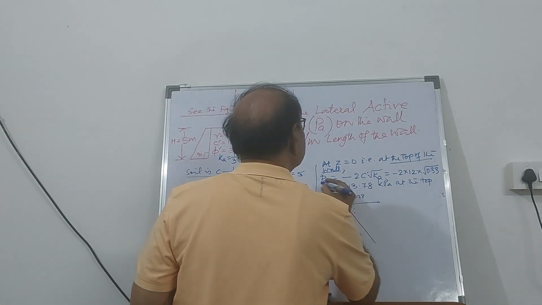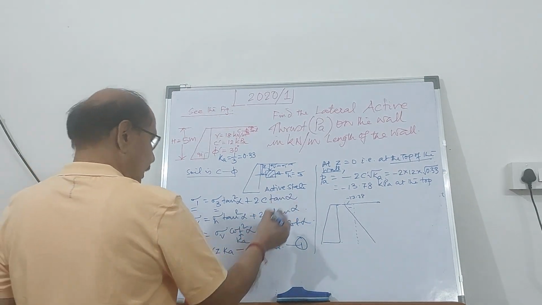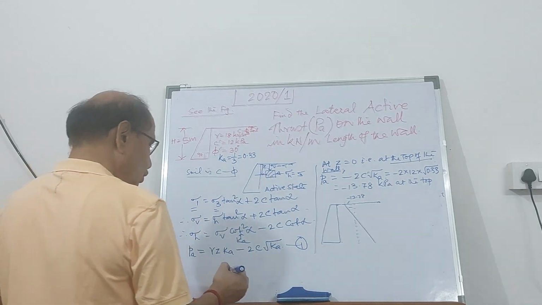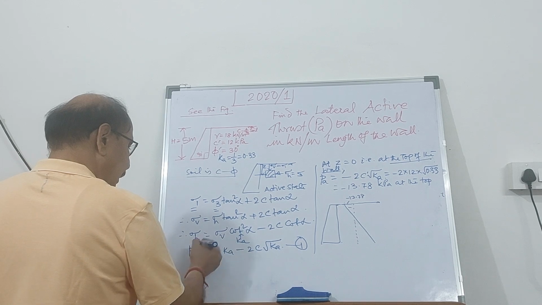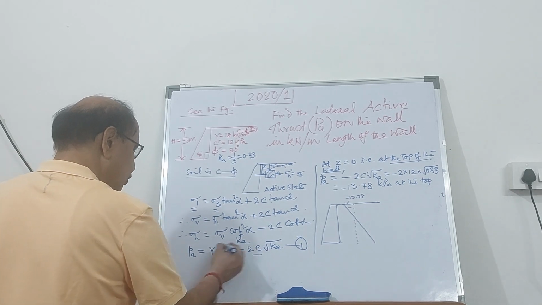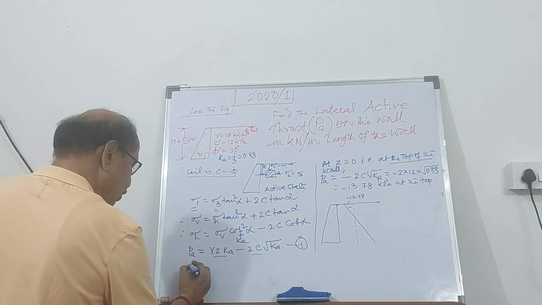And then if you look at this equation A, as Z increases, as you go down, there will be a depth where the first term and second term become equal, resulting in active earth pressure as 0.